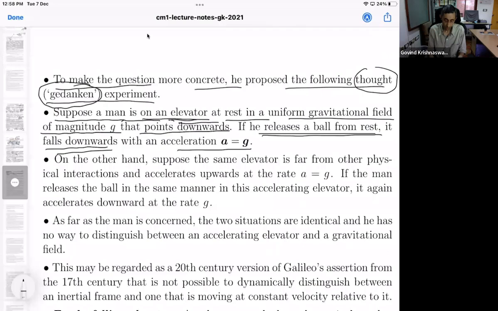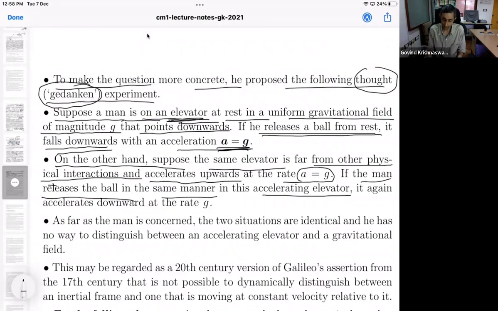It's not moving relative to the Earth. If a person releases a ball, it is seen to fall down with this acceleration. On the other hand, suppose this same elevator is far from other physical interactions, far from the Earth, in outer space, and it simply accelerates upward at the rate a equal to g. Now, if the man releases the same ball in the same manner in this accelerating elevator, it again accelerates downward at the rate g.